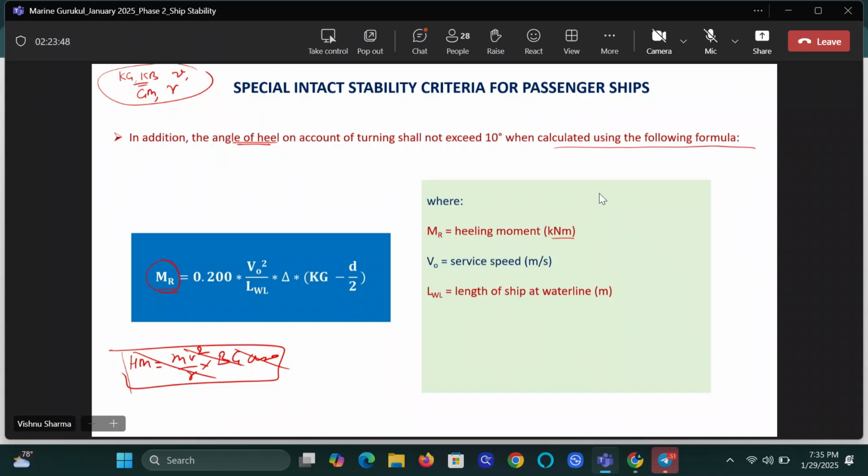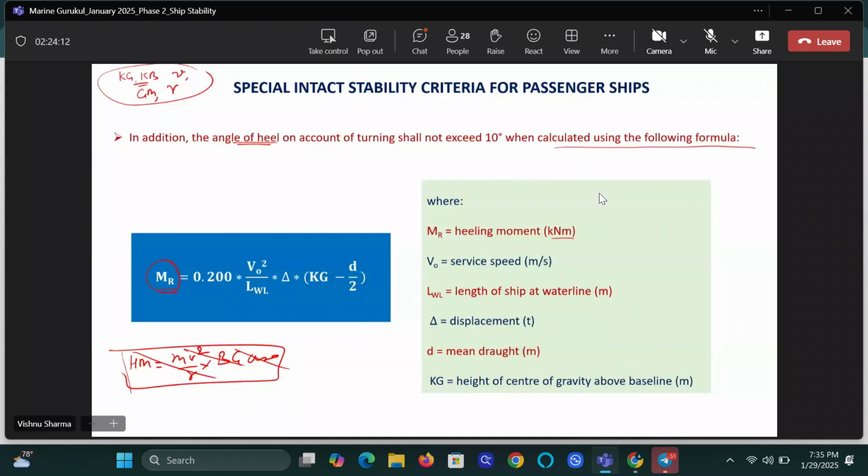Delta is the displacement of the ship. KG is the KG of the ship, and d is the draft of the ship. So this will give you the heeling moment, and you'll have to equate it to the righting moment and see that she does not heel more than 10 degrees. So you can learn this formula and use it in the exams.